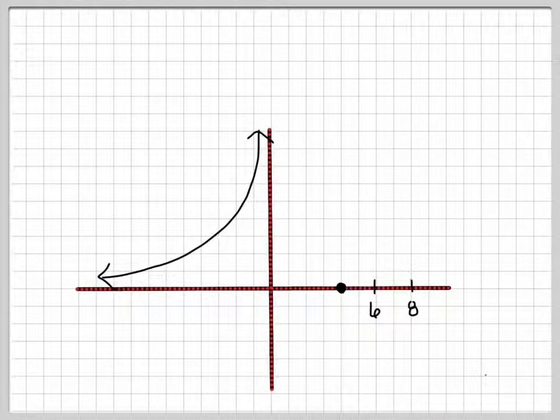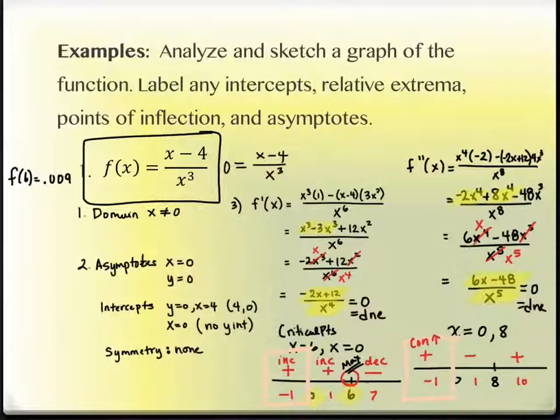So over here at 6, I need to be slightly above the x-axis. And again, this is a sketch, so I'm not looking for super-duper accuracy, but it should seem reasonable. If you put the dot below the x-axis, we're going to have problems, okay? Now, thinking about my sign charts, before I get to 6 I'm supposed to be increasing.